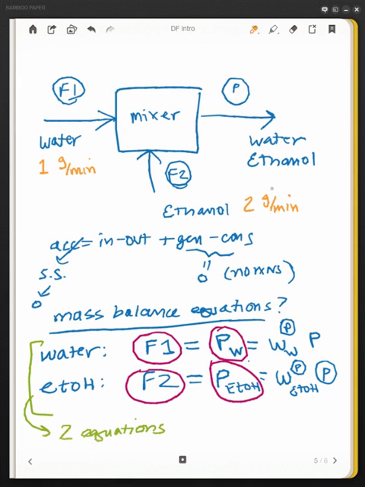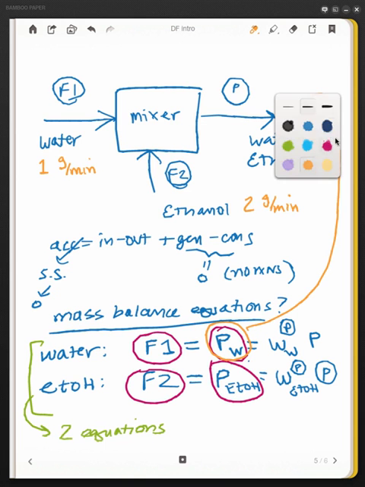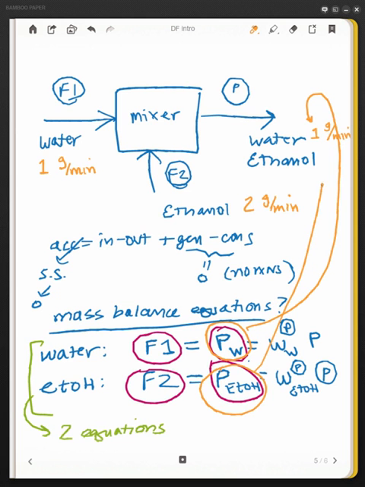Well, using these 2 equations, we now know that the amount of water coming in is going to be 1 gram per minute, and the amount of ethanol coming in is going to be 2. So you can see we know everything there is to know about the mass flow rates in this stream.